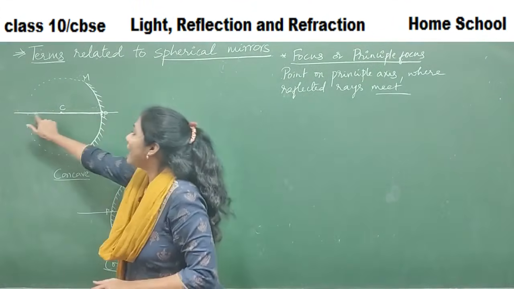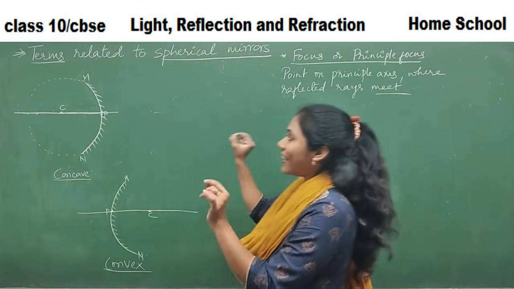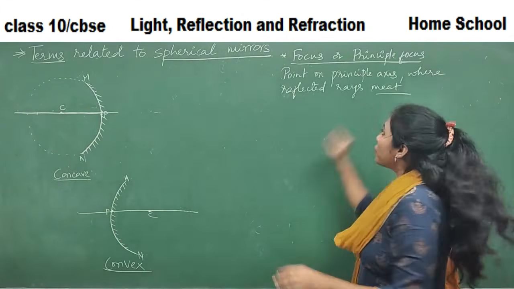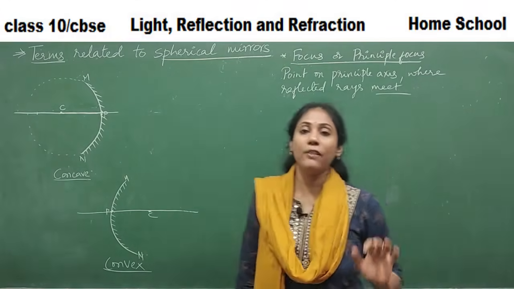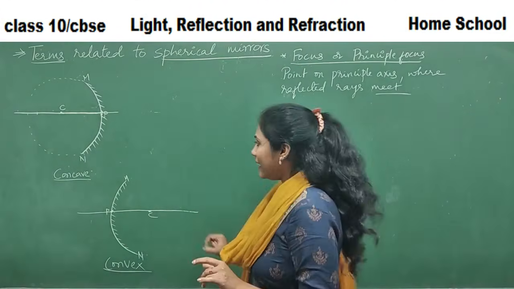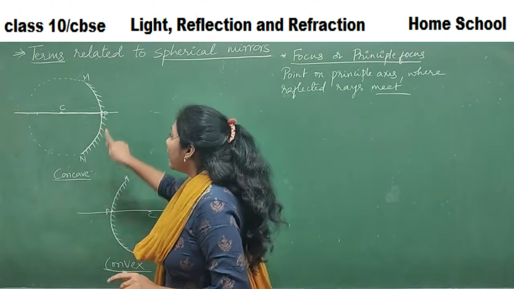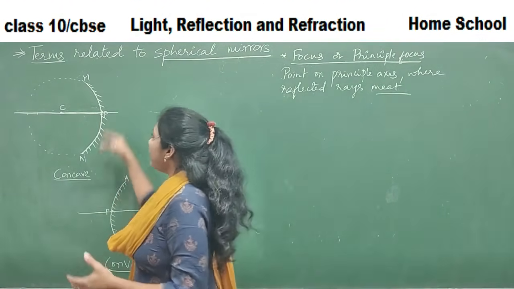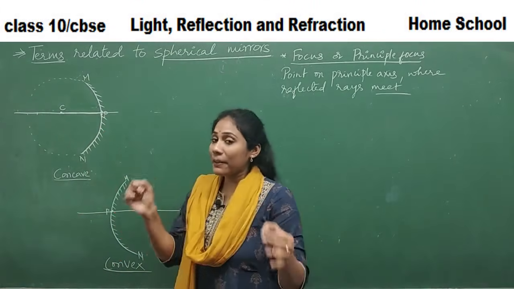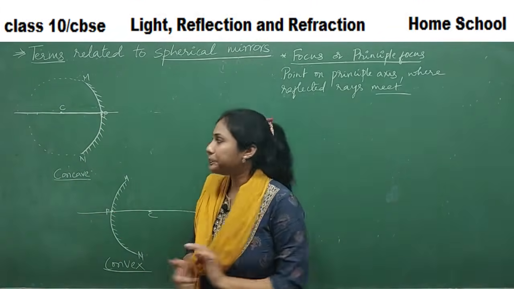Somewhere on the principal axis, the reflected rays will meet. So that particular point is called focus or principal focus. Let us see, in the case of a concave mirror, where the reflected rays can meet at a single point.